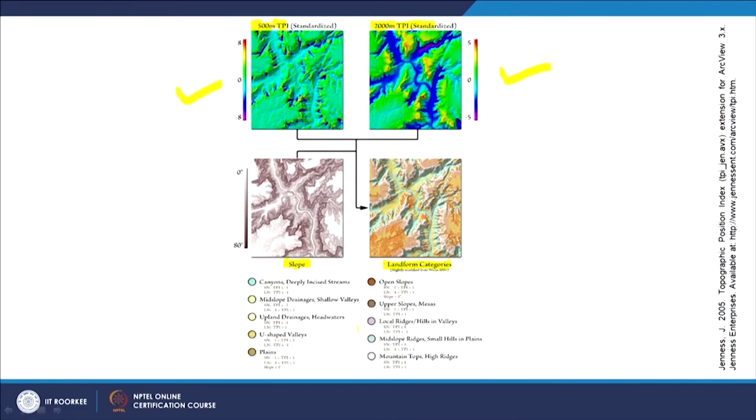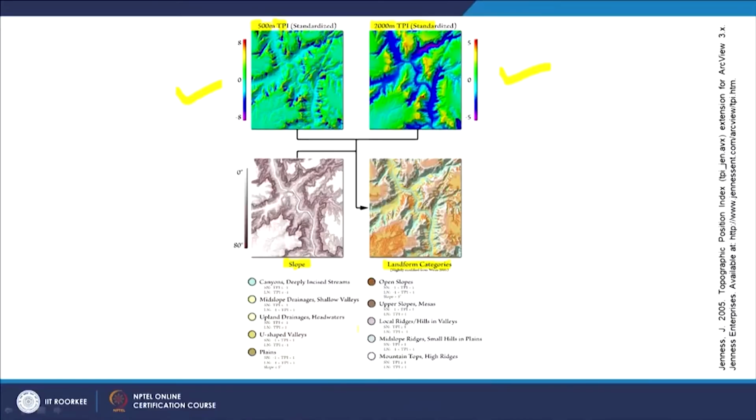So, a simple digital elevation model, when it is subjected to this topographic position index calculation, and any of these two basic methods can be employed, either slope classification or landform categories classification, we can create very useful products like here.